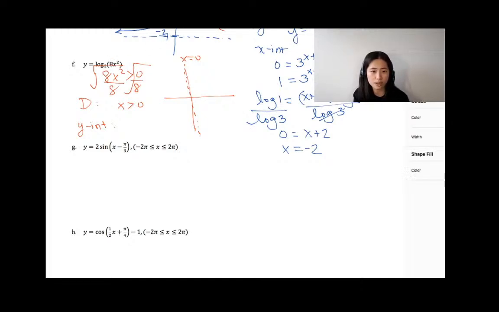Therefore, you don't have any y-intercept. That's why it's none. Again, as a reminder, there is a difference between saying you have 0 as your y-intercept versus none, so make sure you pay attention. And also for the x-intercept, we need to do a little quick calculation on the side.